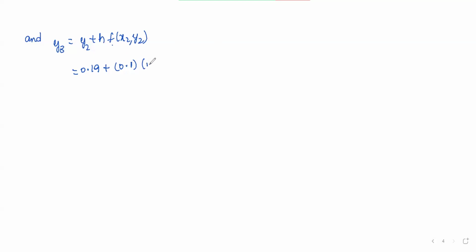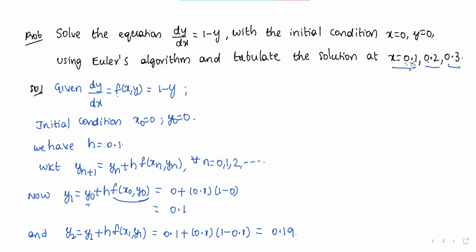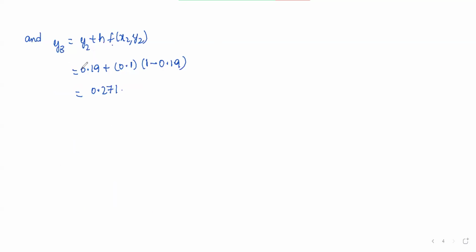So 1 minus y2, 1 minus 0.19. Finally, we get 0.271. This is the third approximation value. So we have already found y at 0.1, 0.2 and 0.3. Finally, y of 0.3 is the third approximation.